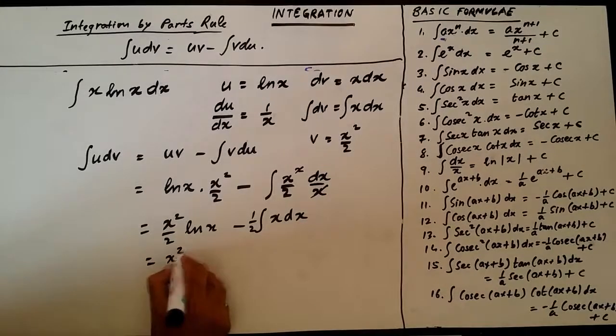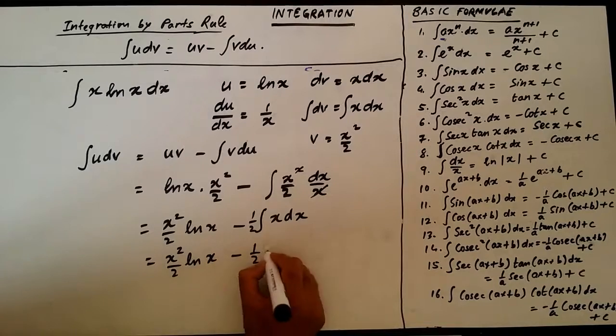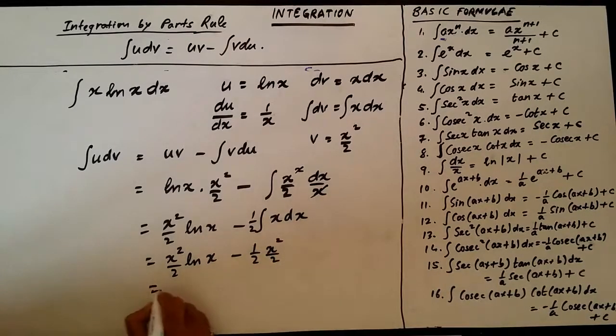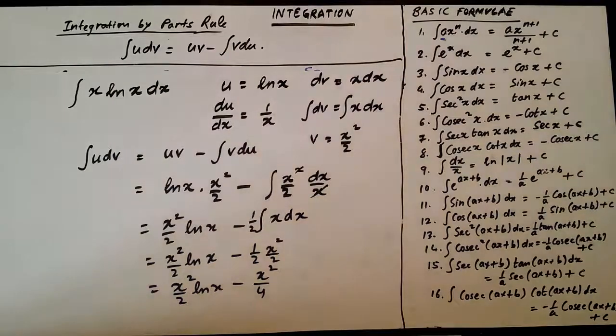So the answer is x squared by 2 ln of x minus half x squared by 2. So the answer becomes x squared by 2 ln of x minus x squared by 4.